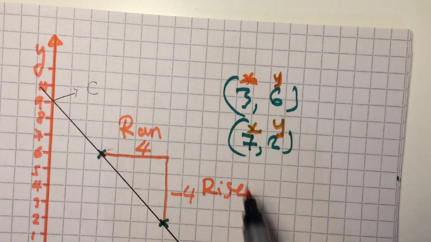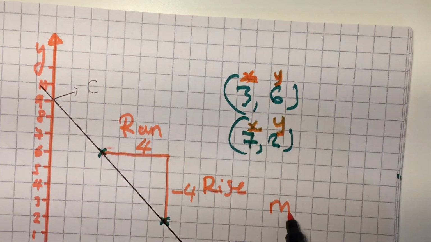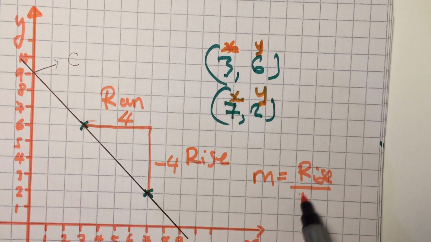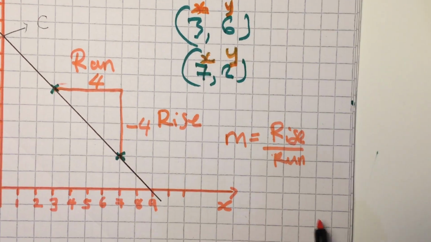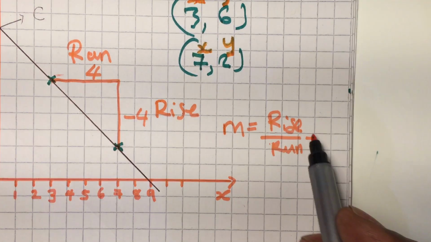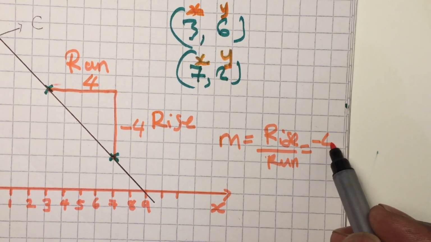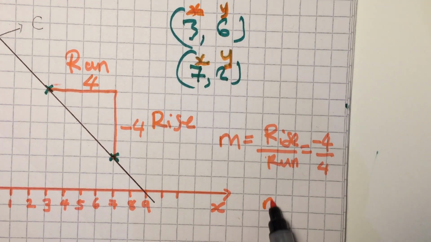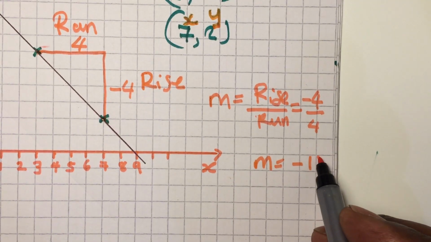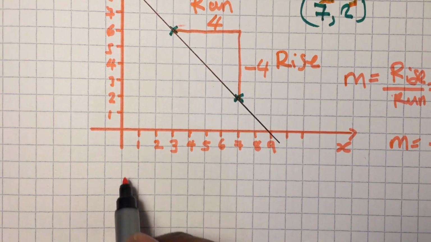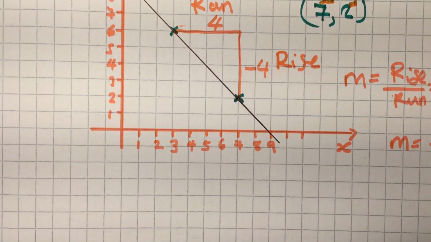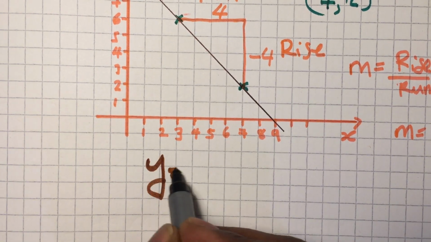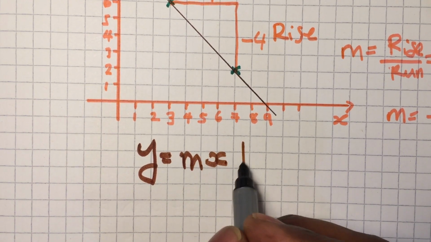So my gradient for that line, m, is rise divided by the run. In this case, it will be minus 4 divided by 4, which means my m is equal to minus 1. I know the general equation of my line is y = mx + c.